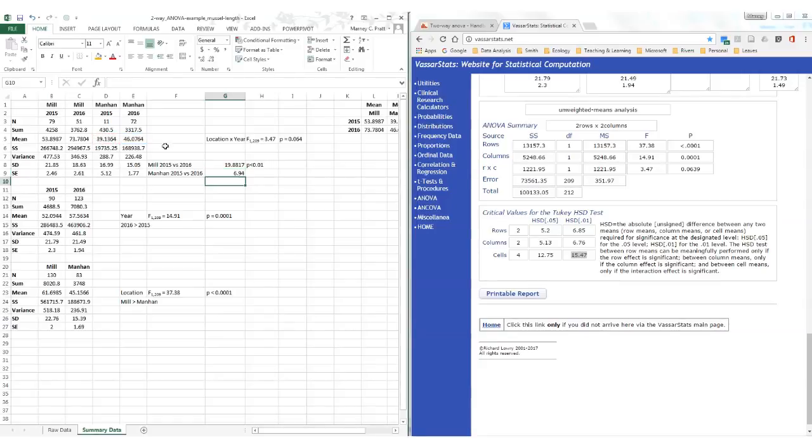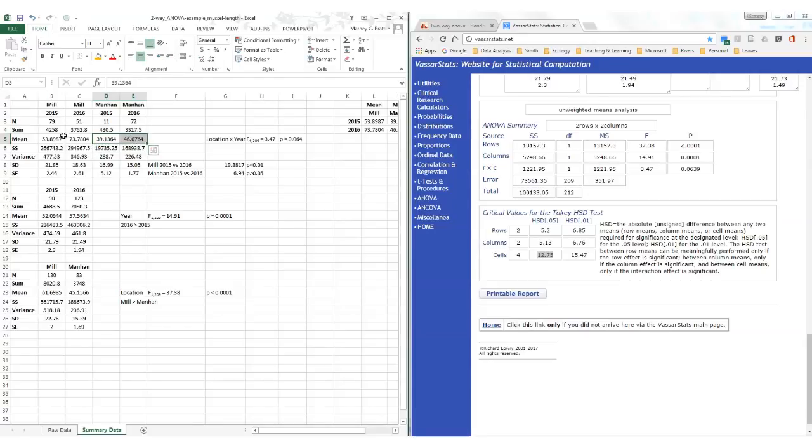Now the difference is 6.94. 6.94 is not greater than 12.75. So in this case, we know that our p is greater than 0.05. So these two means are significantly different, but these two means are not.